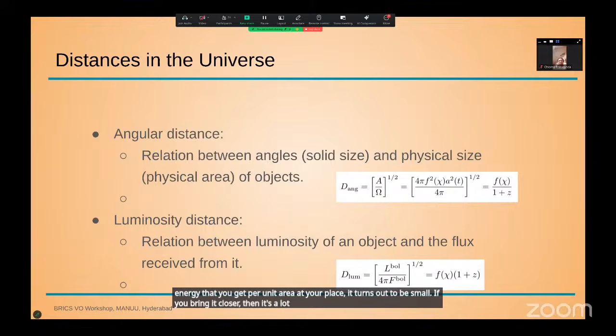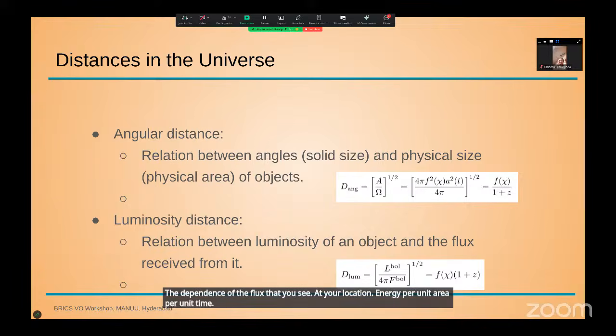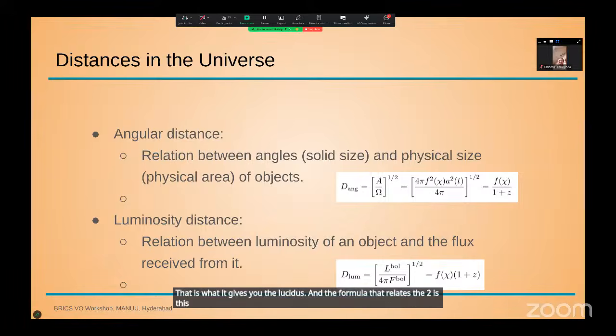So the flux that you see at your location, energy per unit area per unit time, is related to the intrinsic luminosity, energy per unit time. And the formula that relates the two is this: the flux is equal to luminosity divided by 4 pi d squared.